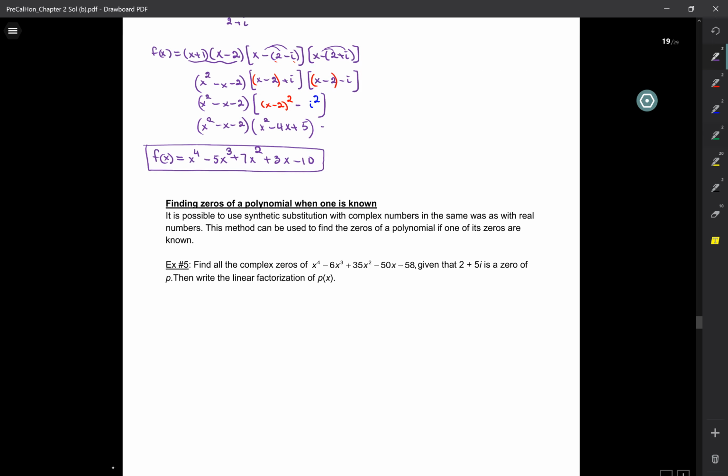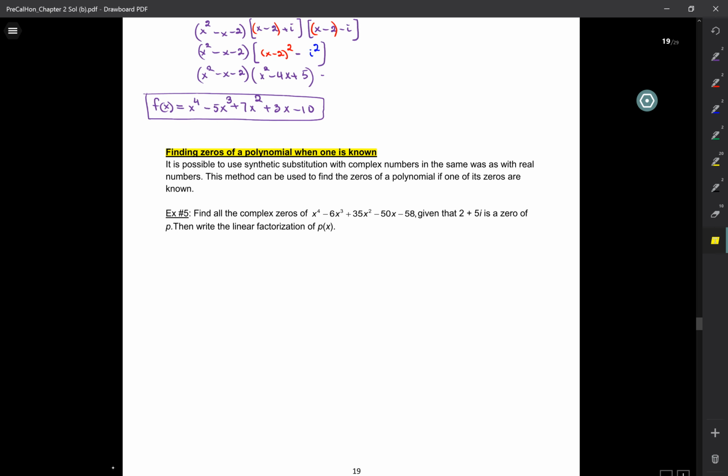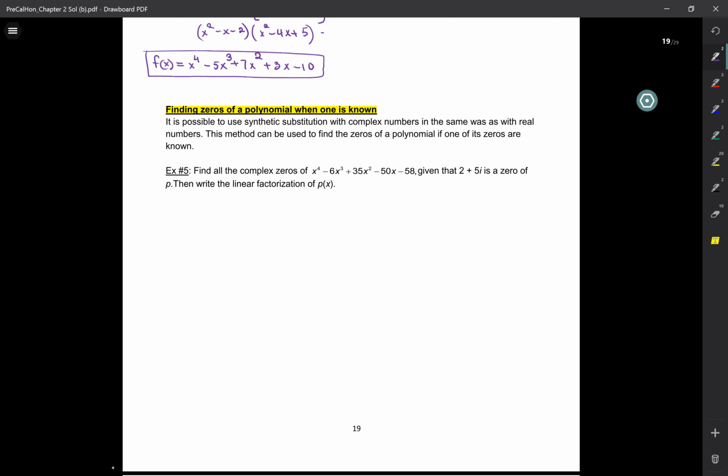All right. Well, what if I'm given one zero and I need to find the rest? Well, let's see. I have that 2 plus 5i is a zero of this function p of x. And I need to find the other ones.